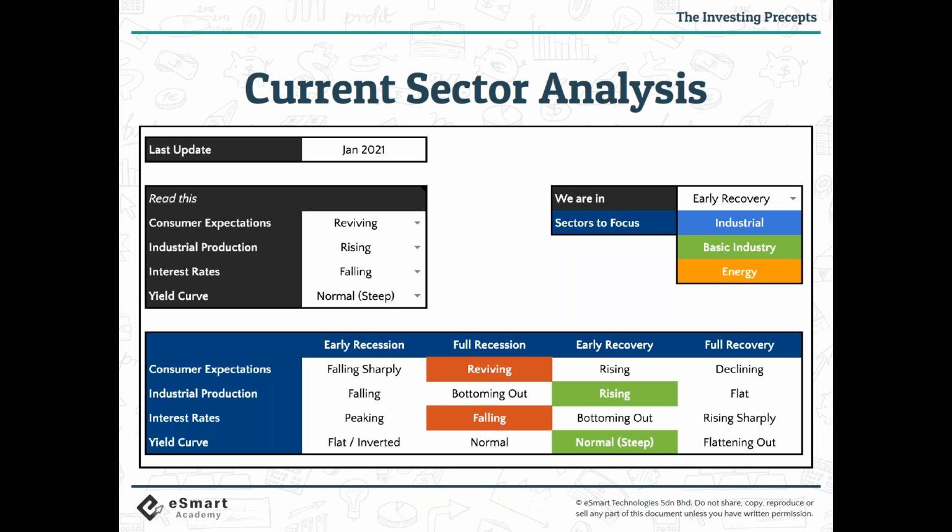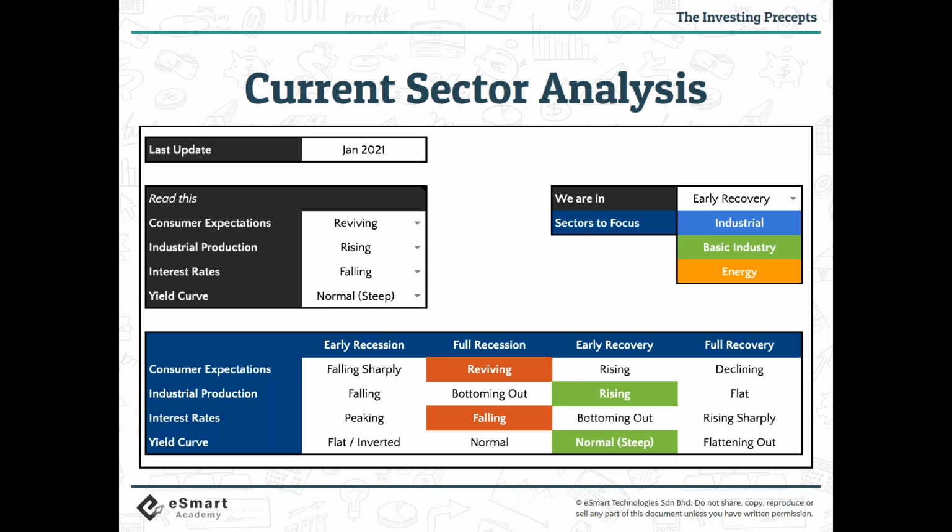So you do see a mixture between full recession and early recovery. Some of the indicators tell us we're still in full recession. Some of the indicators are already going into early recovery. So we are in a mixed state. In the middle is a transition. But the idea here is we are slowly and eventually going to transition into early recovery.